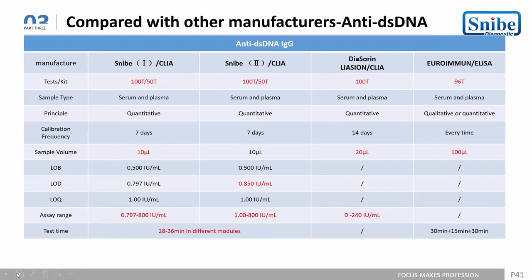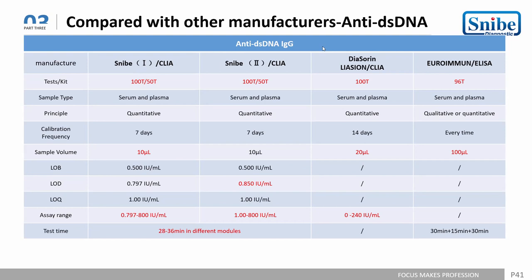So if we go to the comparison of SNIBE anti-double stranded DNA IgG, which is in a type of autoimmune disease rule out situation, again we have the privilege of a comparison not with Roche, Abbott, or Siemens.